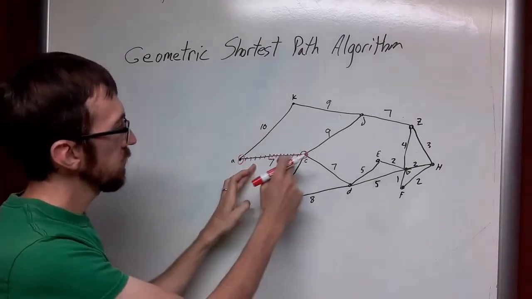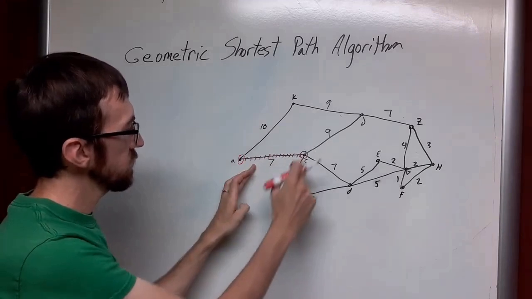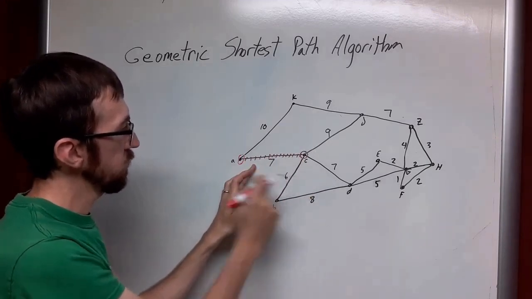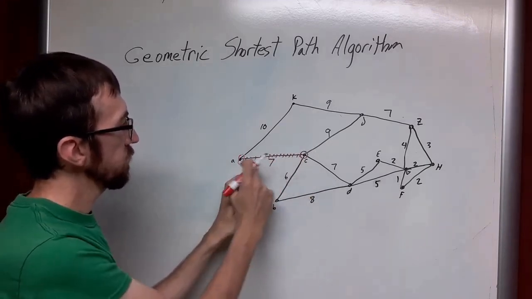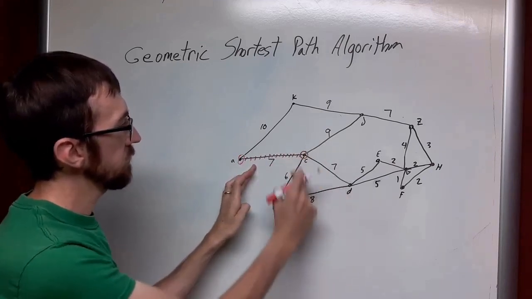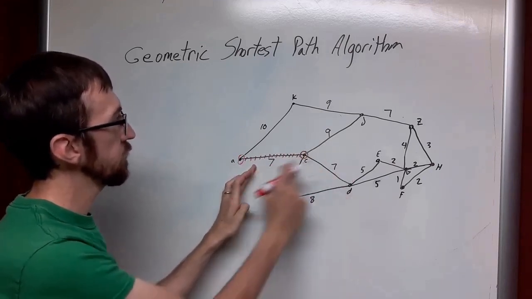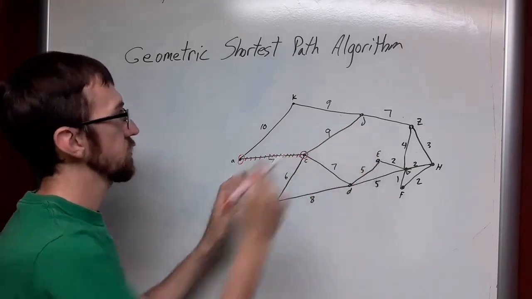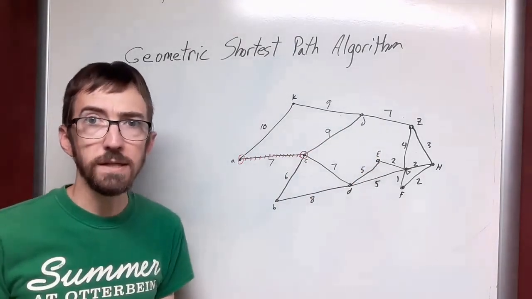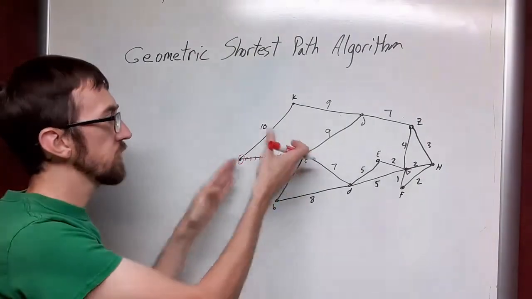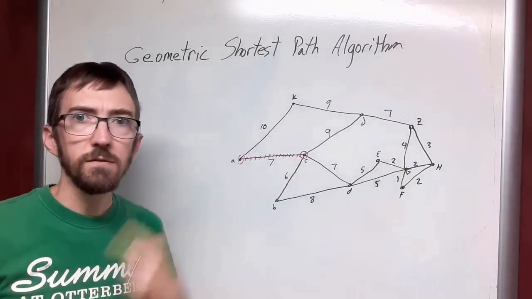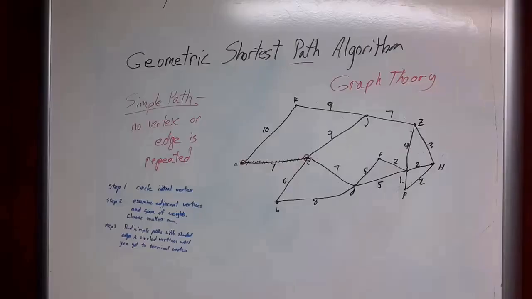If we go from here to here, we have a total of 13. If we go from here to here, we have a total of 14. And if we go from here to here, we have a total of 16. So we have a lot of weights here to consider once we just get our second vertex identified.